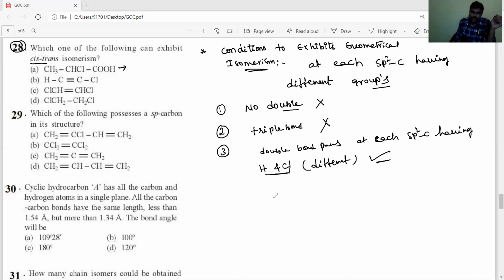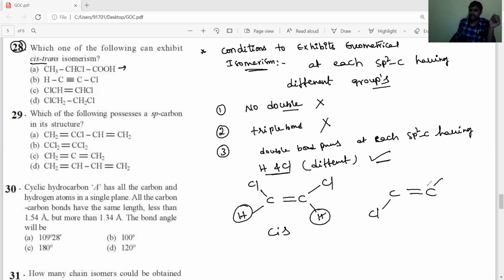On this carbon-carbon double bond, chlorine and hydrogen are present; if the same groups are on the same side, it is cis. If they are on opposite sides, trans. Next, the D option has no double bond, so it does not exhibit. So the answer is C.